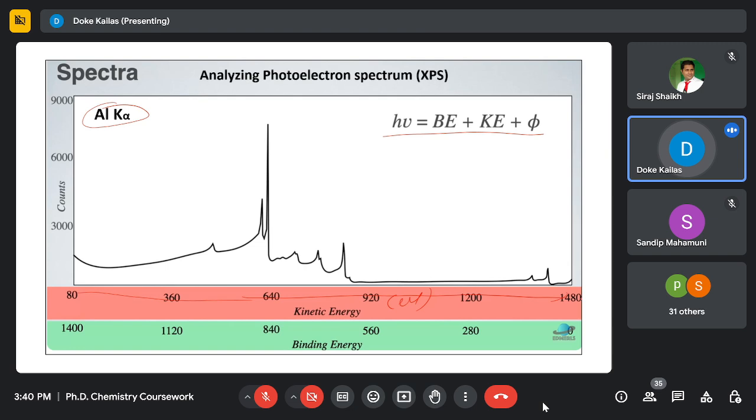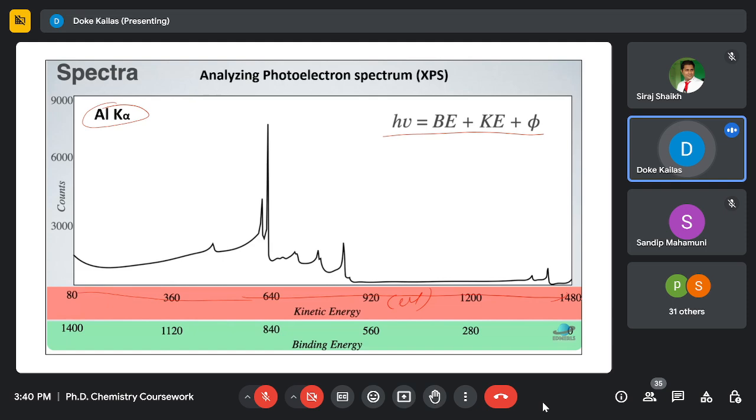So the kinetic energy is measured by the instrument, but in chemistry or science at the molecular or atomic level we are familiar with the binding energy. So this kinetic energy is related to binding energy. When we know the energy of the incident X-ray, the instrument measures the kinetic energy.